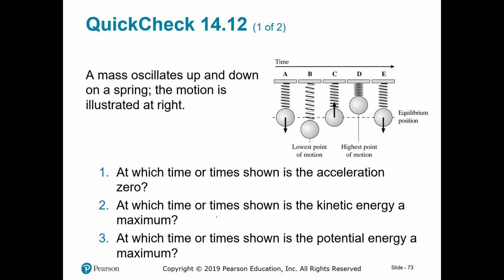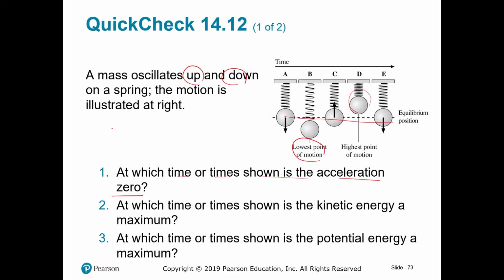And next example, you have a mass that oscillates up and down. So again, simple harmonic motion. The motion is here: the lowest point, the highest point, and the equilibrium position, right? At which time is the acceleration 0? Again, this is the kind of question that you learned last time, right?